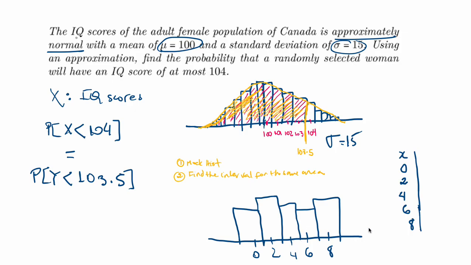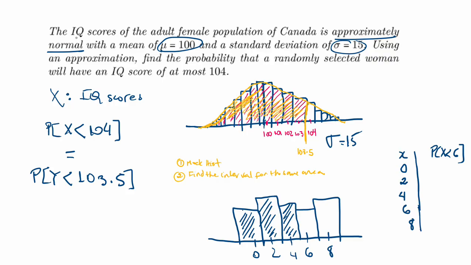Okay? So if I ask you, what's the probability of having less than 6? Well, I would be selecting this area, but not including 6, because I never asked you equal to 6.